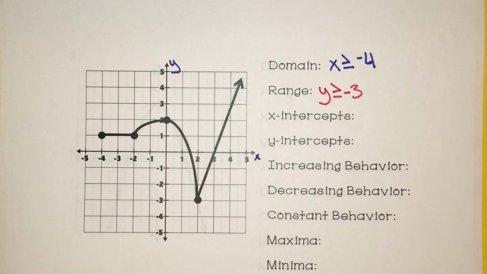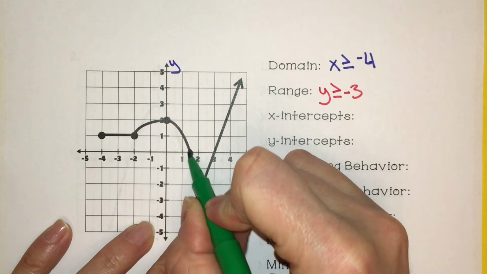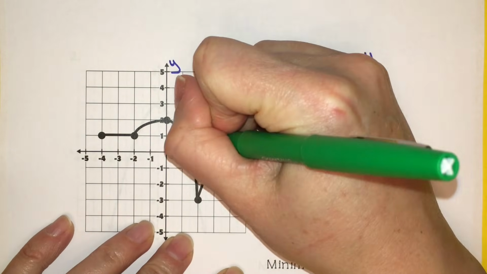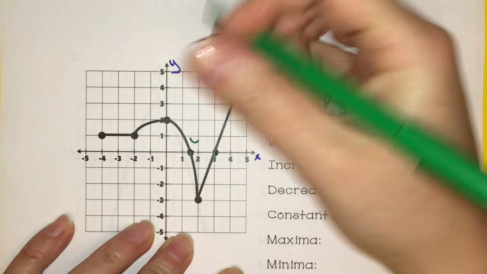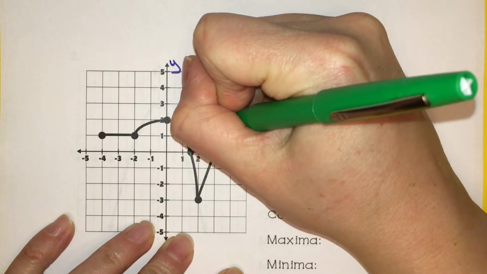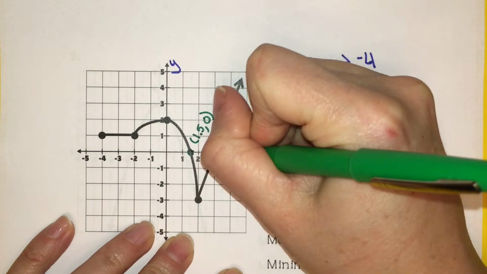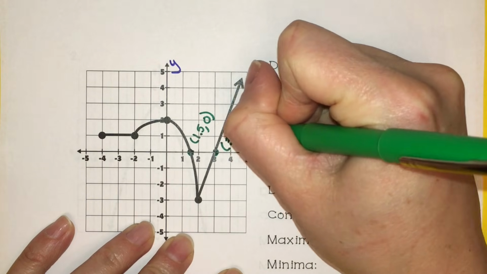All right, now let's look at our intercepts. X-intercepts. So we have one here, and we have one here. Let's look at these coordinates. On this one, the x value is about 1.5, and the y value is 0. Over here, the x value is 3, and the y value is 0.